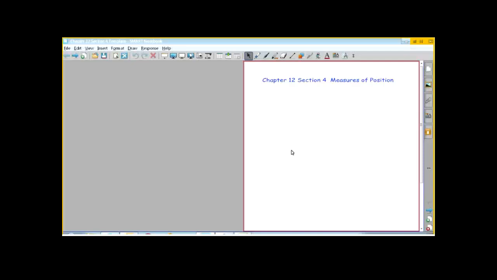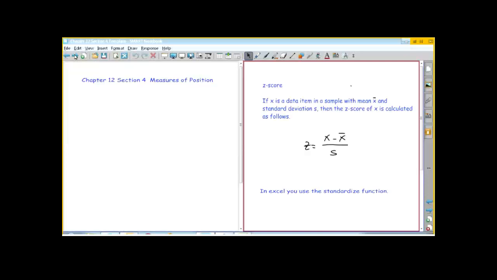So this number, which is called a z-score, tells you, by the sign, whether you're one way or the other, and if the value is greater than 3, then obviously something is amiss, or it's very unlikely to happen.